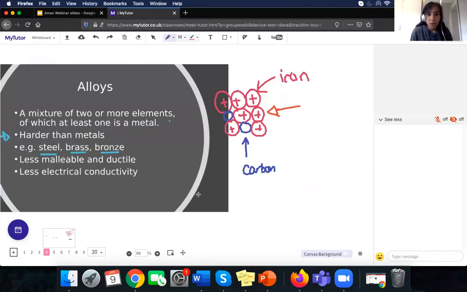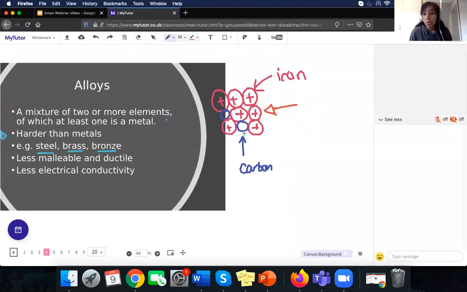Whereas in an alloy, we've got these smaller particles, sometimes they're larger, and that disrupts the layers. They're no longer in this regular arrangement, and that means that those layers can't slide over one another, because we've got smaller particles here, so it's really hard for these layers to slide over one another, and that makes alloys harder. That's why they are often used in things like cooking materials, in things like jewelry, because we don't want soft metals.